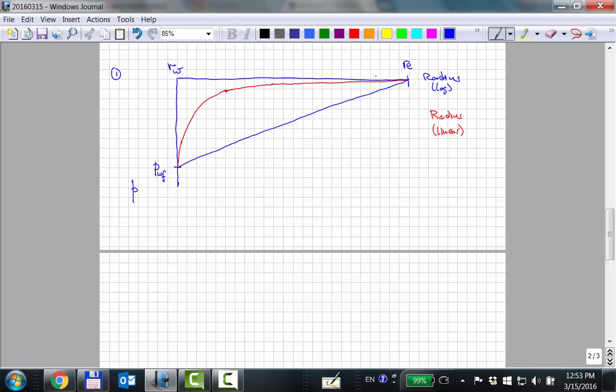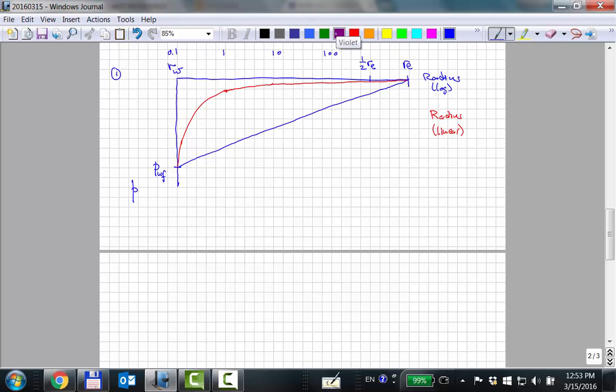Now, if we use the log radius here, then this is about half RE if we're using a log scale. Okay, because this is 0.1 meter, this is 1 meter, 10, 100. It's kind of like that.